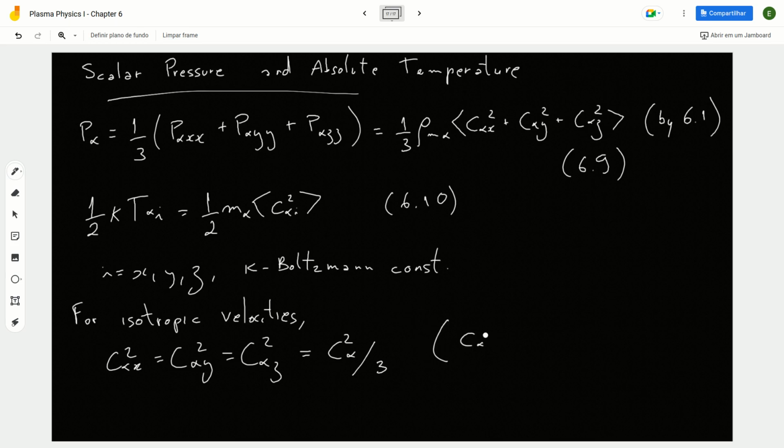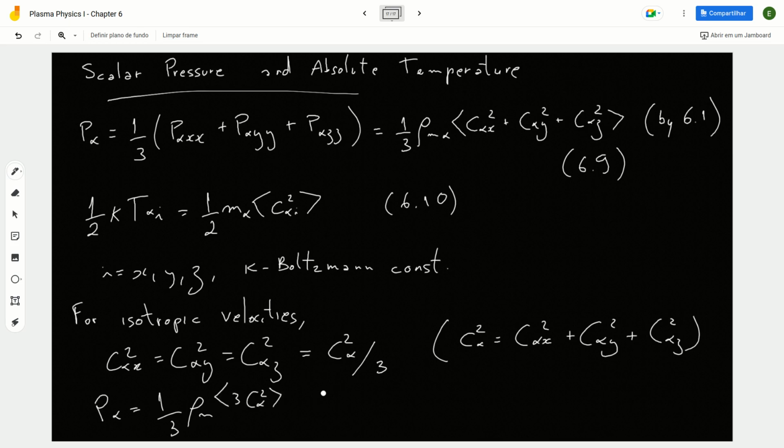Here C alpha square is just the sum of the components square. In this case, you can write for the pressure, you can substitute this for this, and you get P alpha equal to 1 over 3 rho m alpha C alpha square, or simply rho m alpha C alpha square.